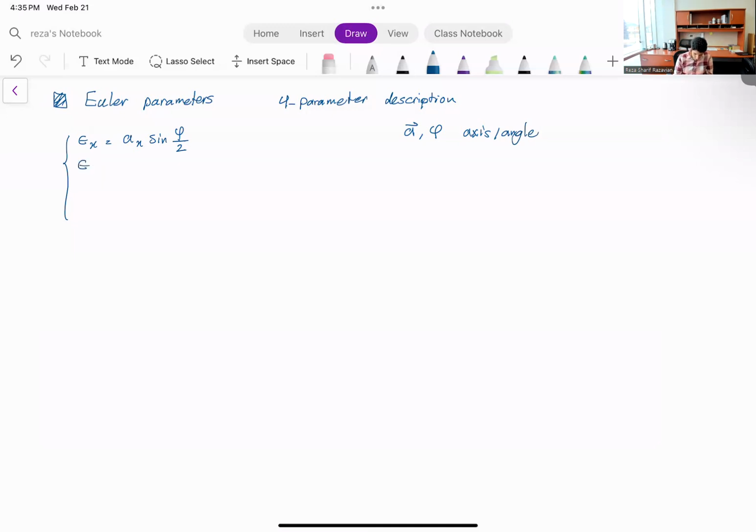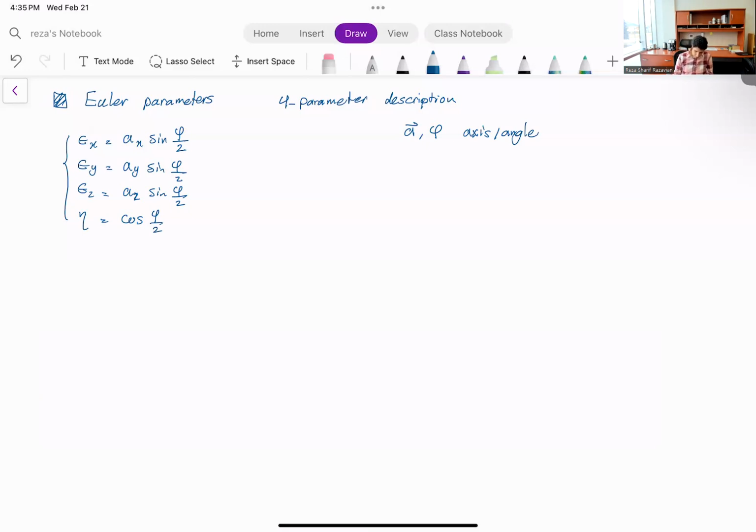I have epsilon y, you guessed it, a_y sine of phi over 2, epsilon z, a_z sine of phi over 2, and a fourth one, eta, which is cosine of phi over 2. Slightly different shape, but you run out of a, so you have to do something.